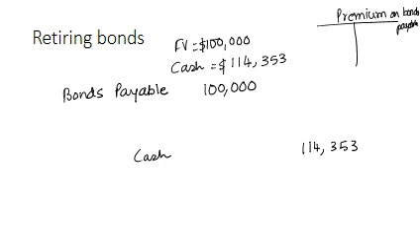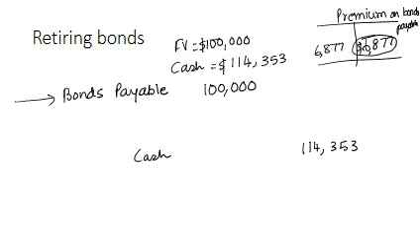So they have this premium on bonds payable account, and let us say it has a credit balance of 6,877. Now, this amount should also not be there if the company is retiring its bonds. Just like how when they are retiring the bonds, we debit the bonds payable because the liability would not exist anymore, in the same way, this amount of 6,877 pending in the premium on bonds payable account also has to be closed because it's no longer going to be there once the bond is retired.